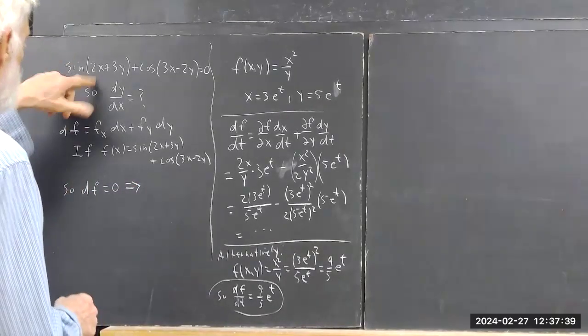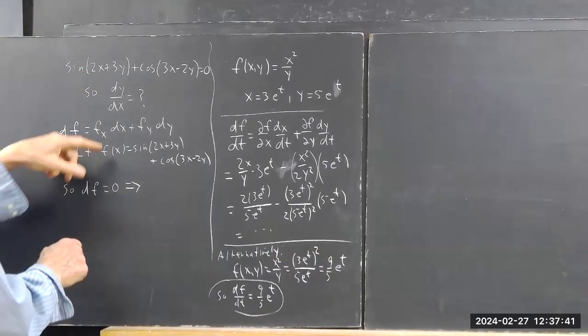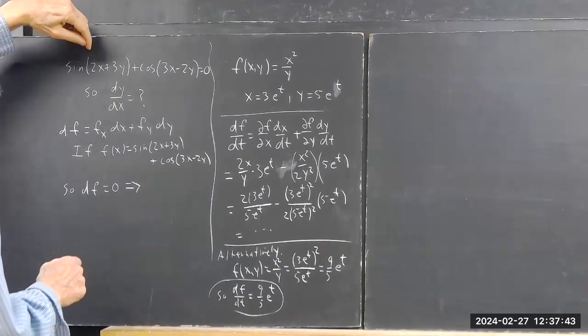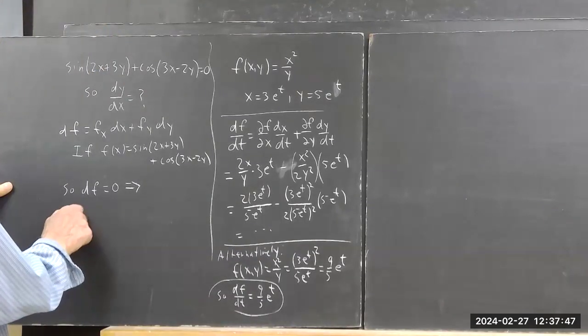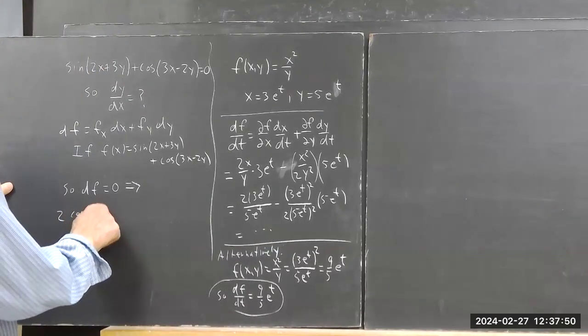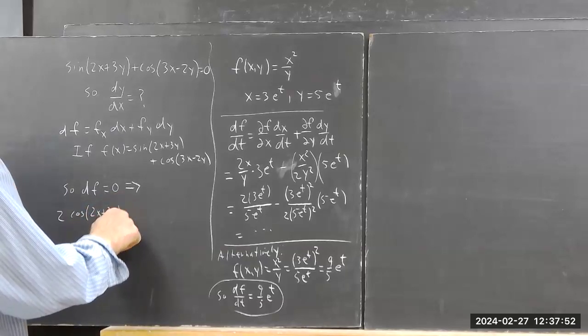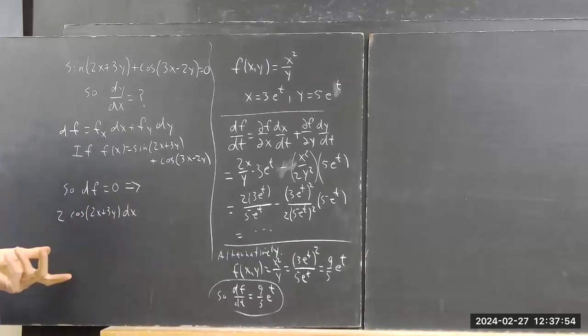So what's our derivative with respect to x? Well, fx is 2 times the cosine of 2x plus 3y. What is the dx?